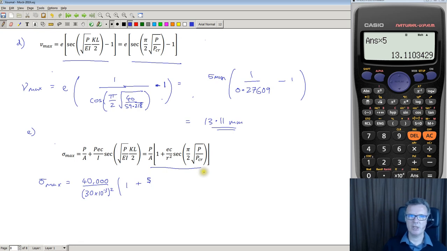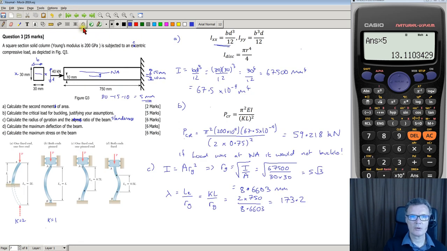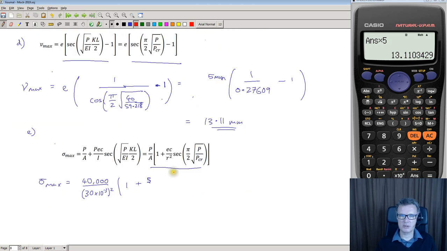Now the question is, what's c? Well, c is equivalent to your y max. So it's the distance from the neutral axis to the side that you're expecting it to bend, or the furthest away, really. So c is the equivalent to y max that you would have done in the first year type problems.